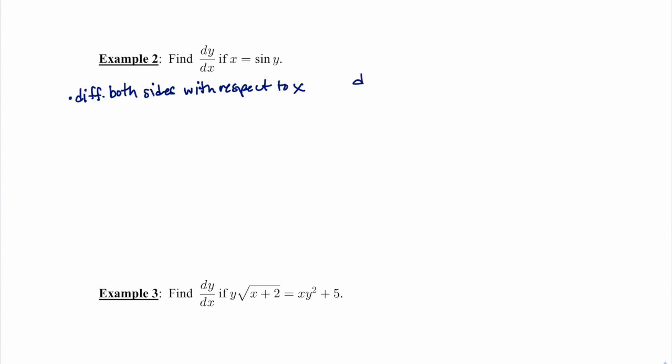And that looks like the derivative of x on the left and the derivative of sine y on the right. So again, I'm just marking down what I want to do, and then I will go ahead and do the derivatives. The derivative of x with respect to x would just be 1.